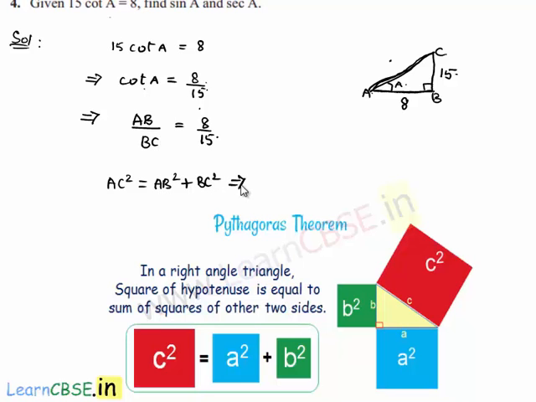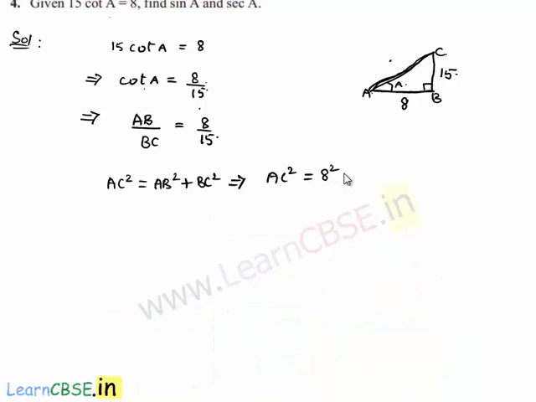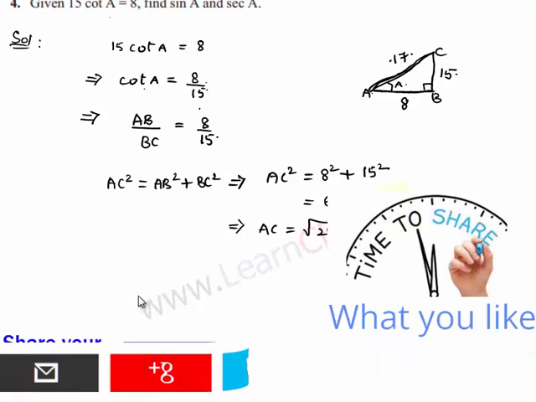That implies AC square is equal to 8 square plus 15 square, which is 64 plus 225, that is equal to 289. So we get the value of AC as square root of 289, which is equal to 17. So AC can be written as 17.